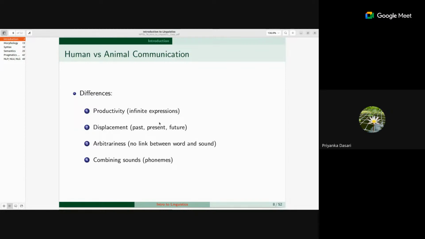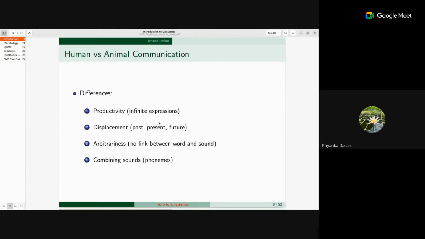What makes human and animal communication different? One property is productivity: humans can produce an infinite number of sentences, novel utterances. That is productivity. When it comes to animal communication, we are not that aware of it.